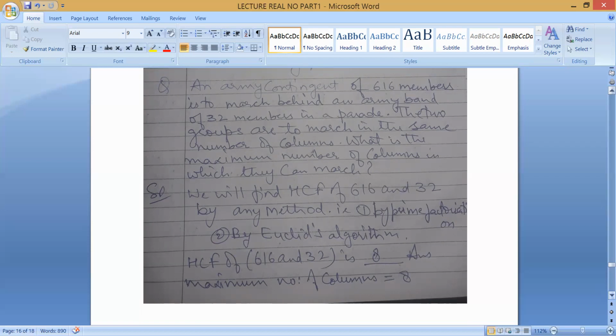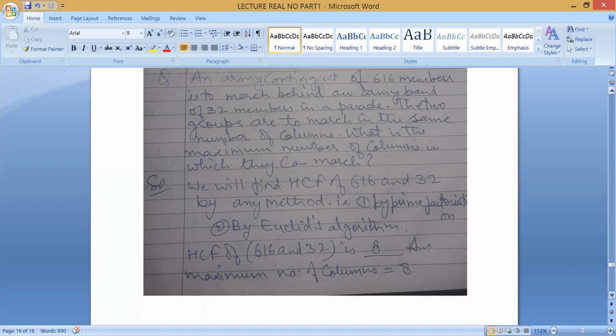So you will say the maximum number of columns will be 8. That is how the contingent members march behind the army band. So this is how you can do the question.